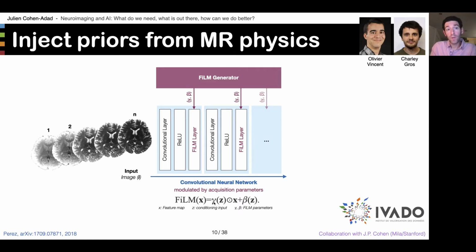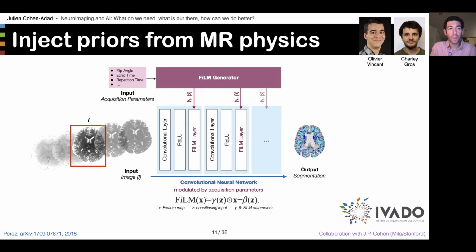These parameters depend on what we call the FiLM generator, which is a multi-layer perceptron that takes as input MRI parameters, such as flip angle, repetition time, etc. So during training, FiLM learns to adapt its affine parameters based on the image and labels it sees.